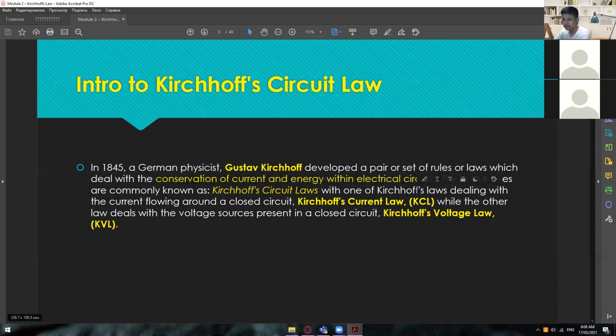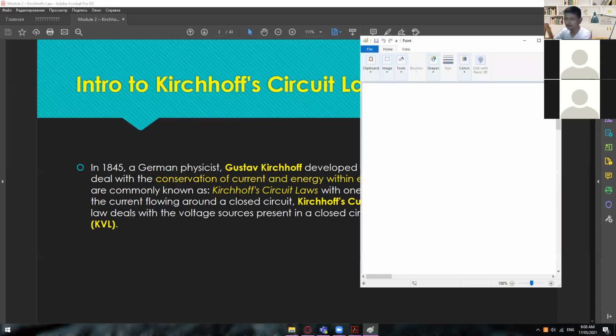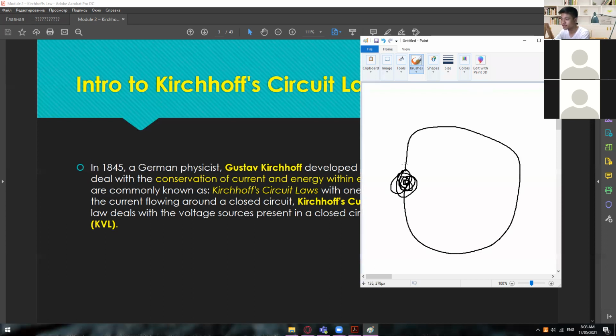Let me just give you a short idea. If we have a source of energy in here, and then a circuit, a closed path circuit, every time it passes through a certain load or a resistor, it will leave a voltage drop. He also believed that once you start in here, all of that energy will be distributed equally to this one, to this one, and to this one.